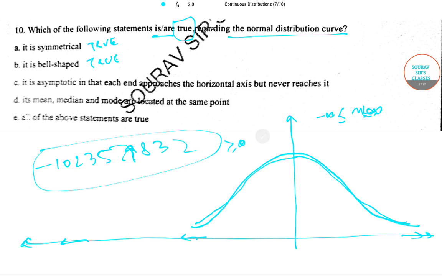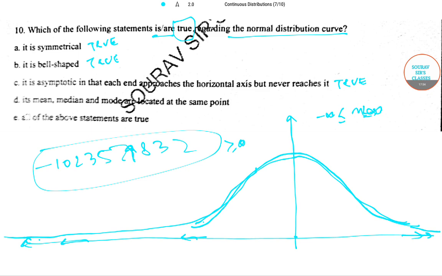So the y coordinate never is equal to 0, and thus it never touches the x-axis. This curve never touches the x-axis. It goes on like this. Thus option C is true. Option D, its mean, median and mode are located at the same point.